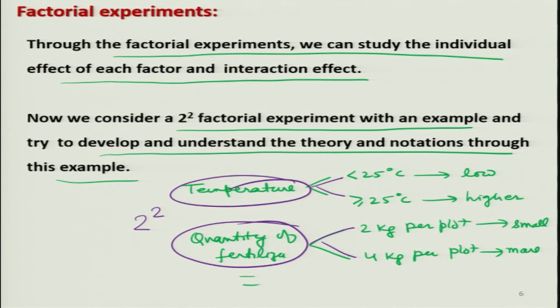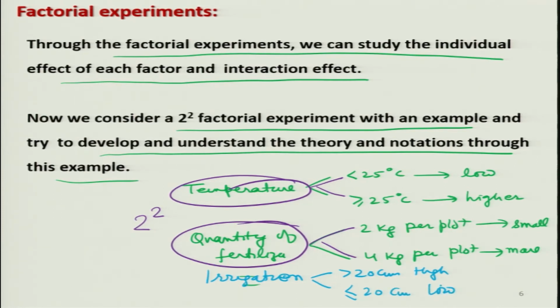Now, at the same time I can explain, suppose you take one more variable, say irrigation, and you say if the irrigation is more than 20 centimeters in the plot, then it is high, and if it is less than or equal to 20 centimeters, then it is low level.